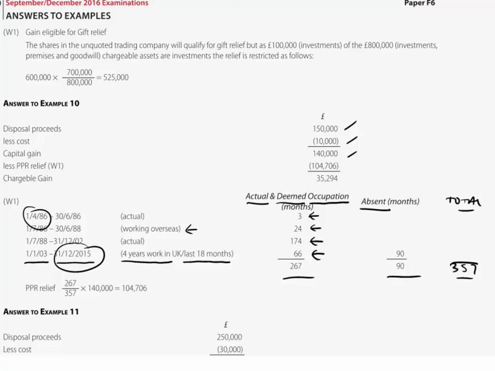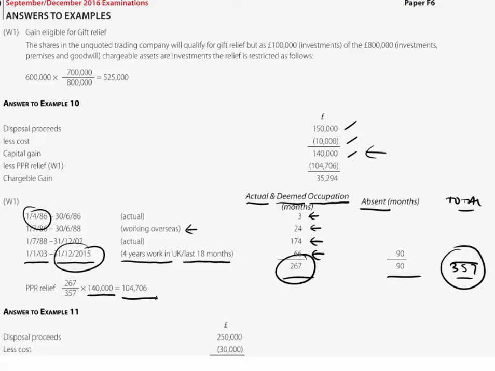So what PPR relief do we get to go against that £140,000 gain? PPR relief, you take the period of occupation, 267 months, over the total period of ownership, 357, and multiply by the gain of 140,000.